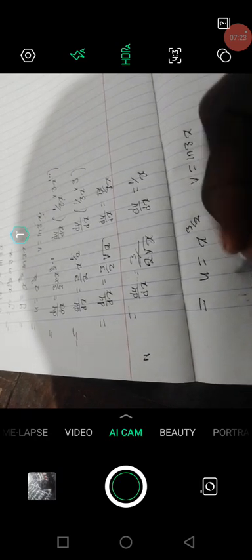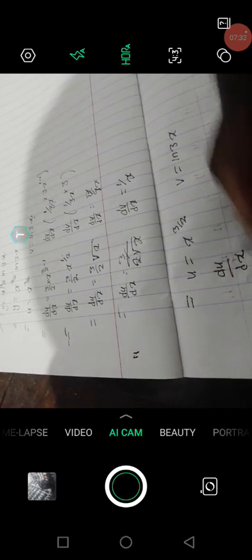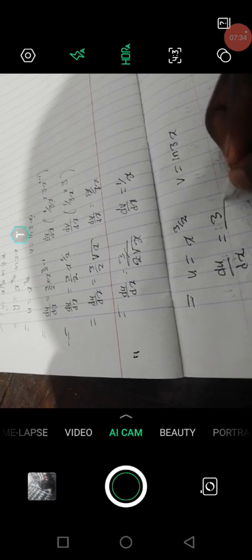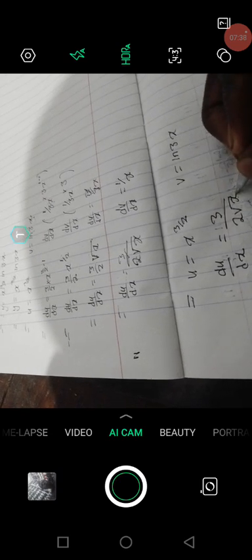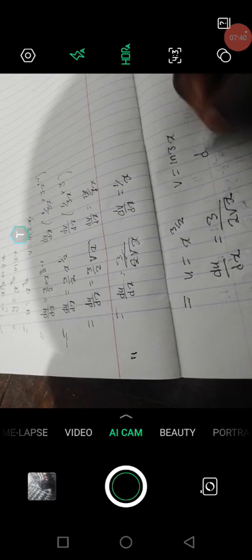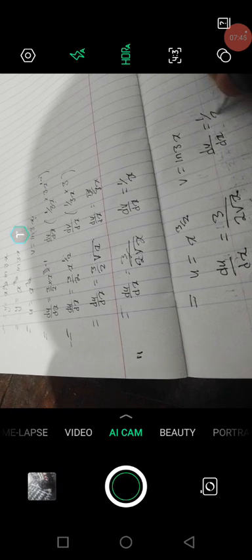Then our du after differentiating it, du over dx, is equal to 3 over 2 the root of x. Then dv over dx is equal to 1 over x.